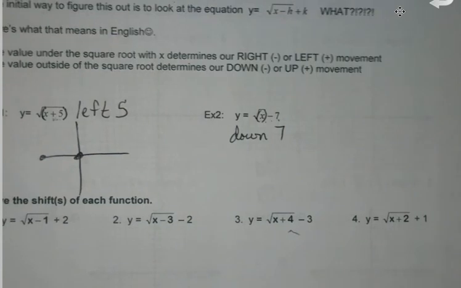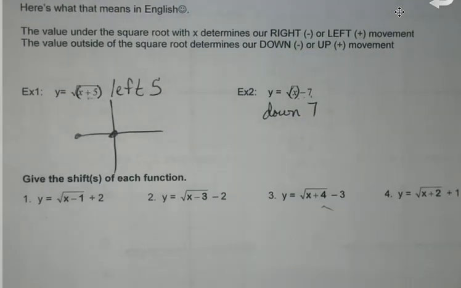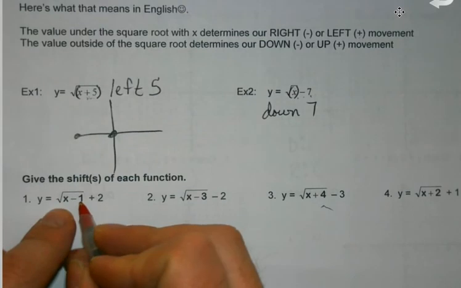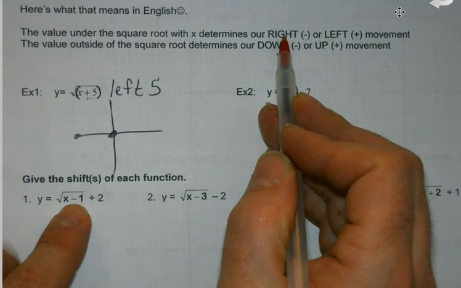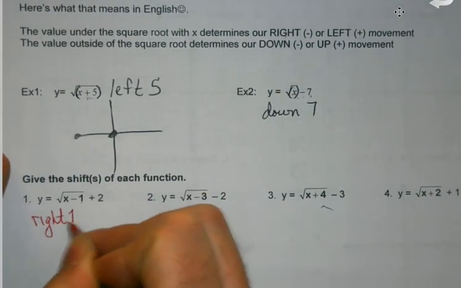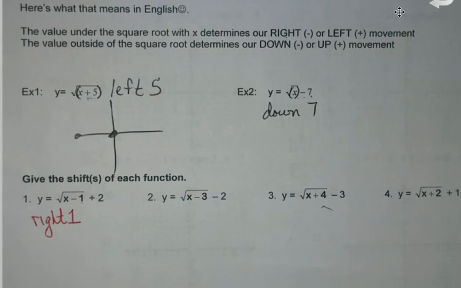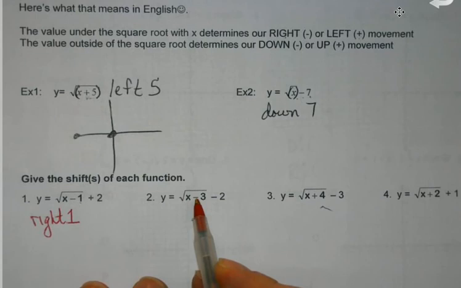So when I get down to here, I'm going to keep this little note handy. Any value under the square root, if it's minus, we shift right that many. So if I'm just asked for the shifts, I'm going to go right 1 in number 1. I'm going to do all of those first. Which direction and how many with this minus 3 here?